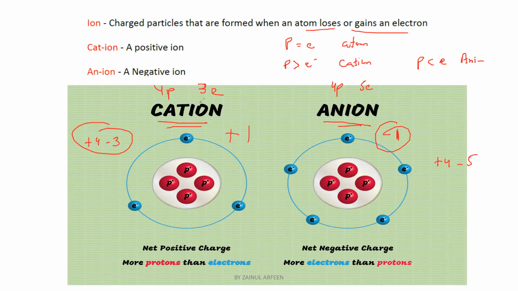And there is a reason why the specific terms cation and anion are used, which we will discuss in electrolysis. But you should be able to identify the charge, and you can do that by checking the number of protons and electrons. If protons are more, it will be positive, and if electrons are more, it will be negative. Is the concept of ions clear to everyone?